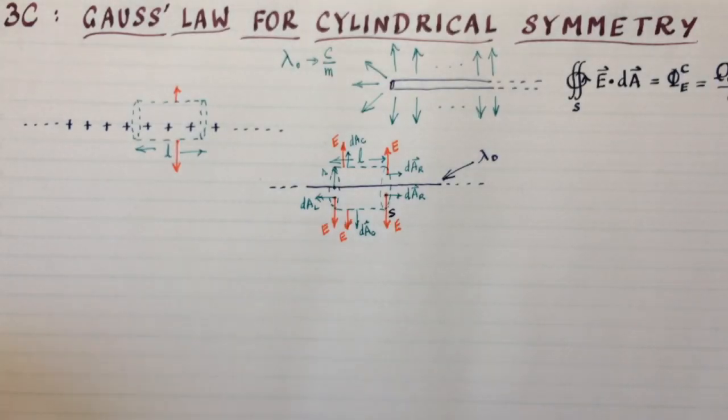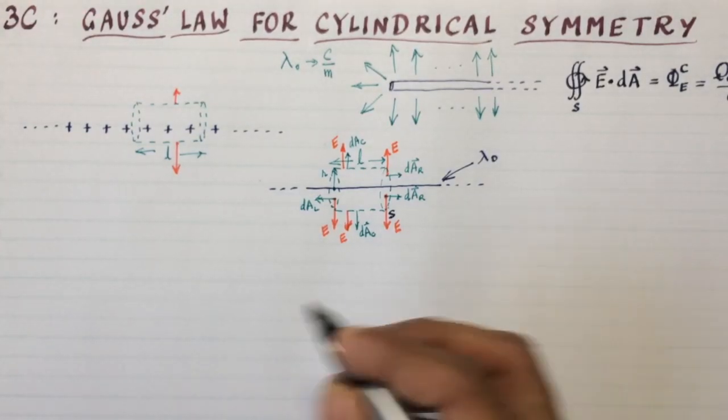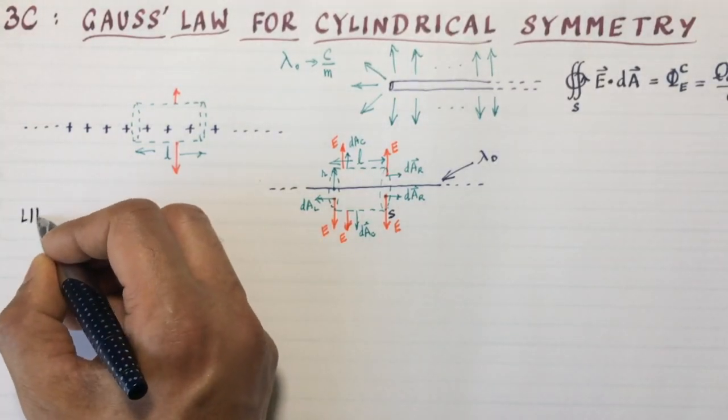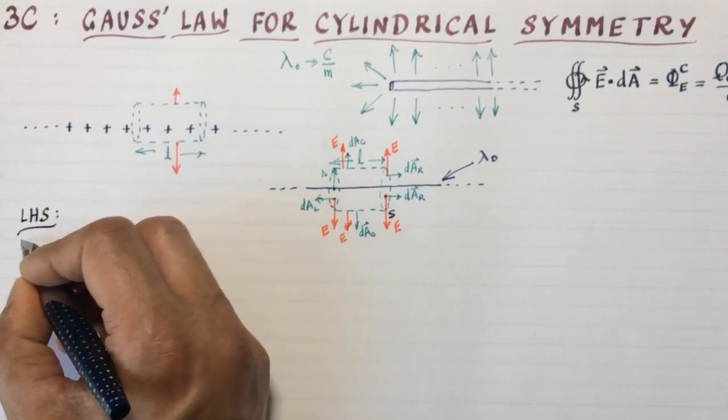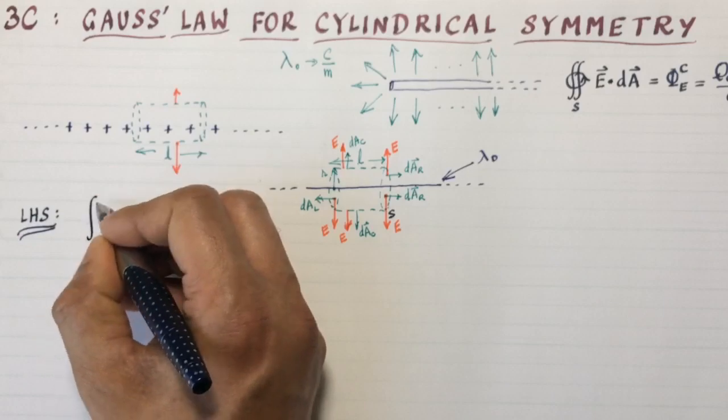So you don't want to write too many of these, just write a few to convey the idea that there is some cylindrical symmetry. So the left hand side of Gauss's law is the same for all problems with cylindrical symmetry. Let's see how we can reduce the flux integral.